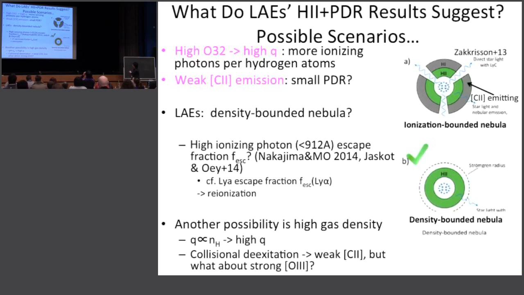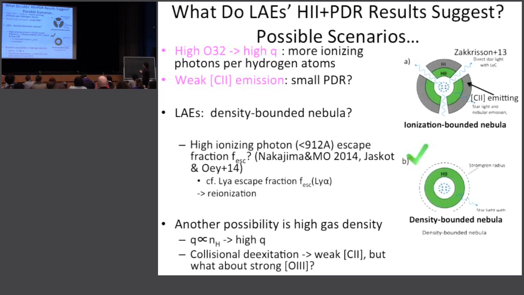You are very used to the ionization bounded nebula, where you have more medium than ionizing photons, so you can define the Strömgren sphere, as you learn in elementary astrophysics. But if you have more ionizing photons than hydrogen medium, then you have the density bounded case.